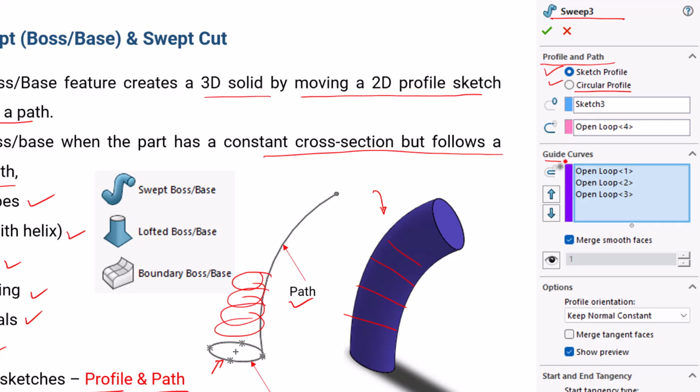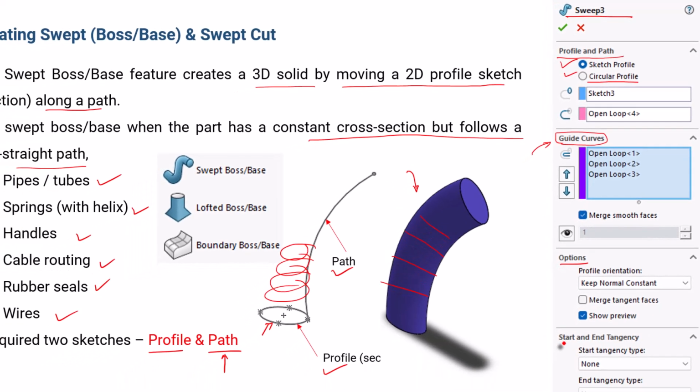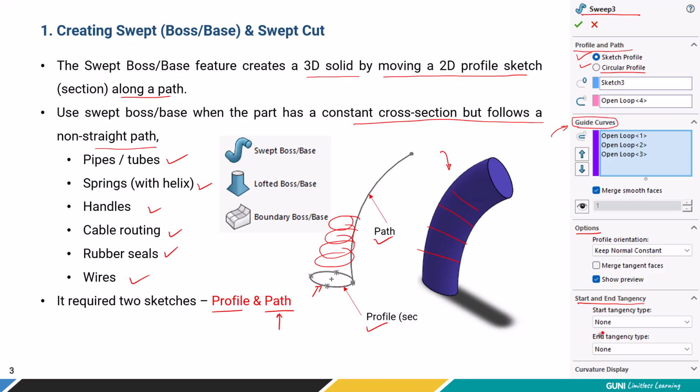After that, we have to discuss the guide curves. What is the importance of guide curves? And likewise, as we move through the exercise, we will discuss various options. Then the start and end tangency and the curvature display. We'll try to explore all of these options through exercise.